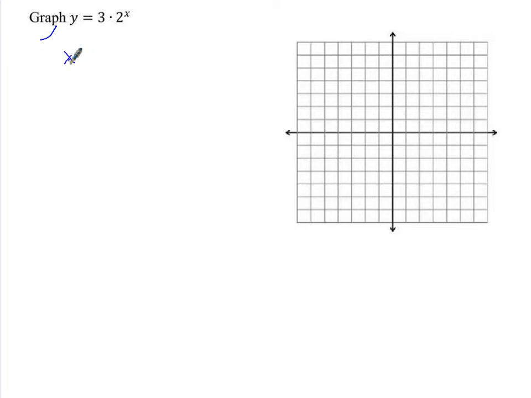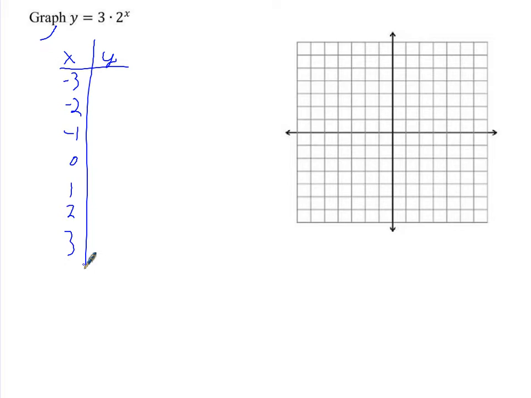So we need to make an x and a y, and I'm going to pick lots of points here. Pick some easy numbers. Yeah, the usual easy numbers like -3, -2, -1, 0, 1, 2, 3. And then maybe from there we'll have to pick more numbers.